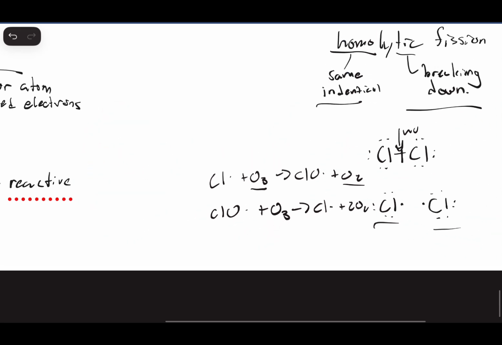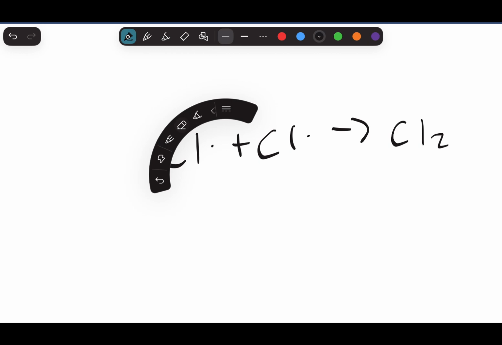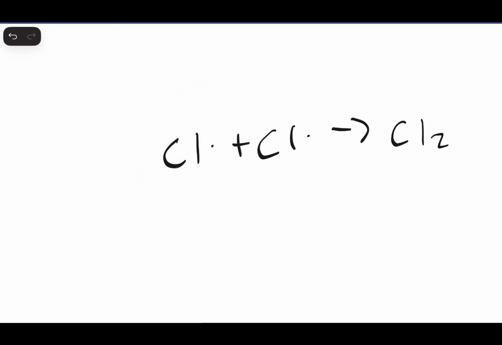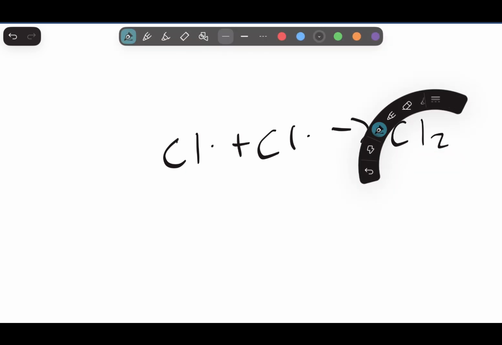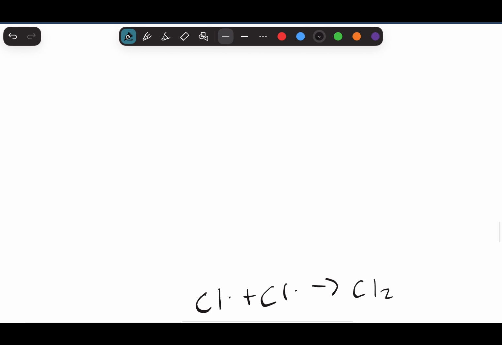And lastly is termination, where 2 Cl radicals form Cl2. So two radicals form a stable molecule. And so let me write down 3 steps.